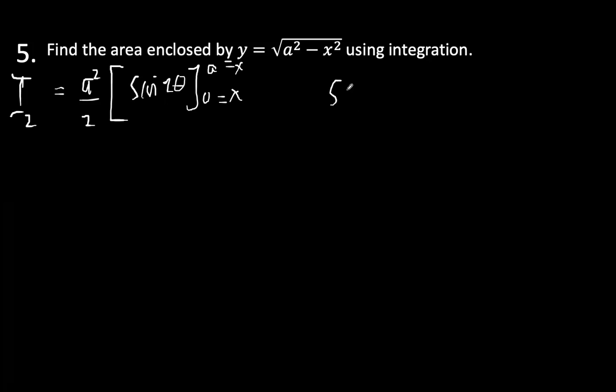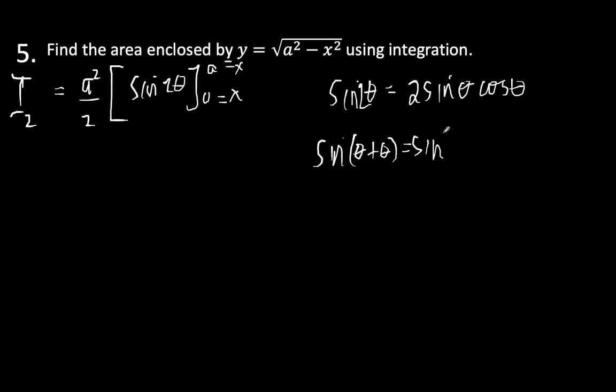We know that sine 2 theta is equal to 2 sine theta cosine theta, because sine of theta plus theta is sine theta cosine theta plus cosine theta sine theta. And to simplify this, we'll have this.